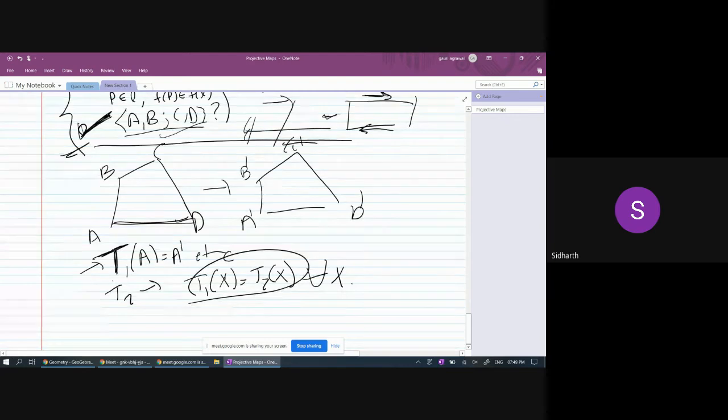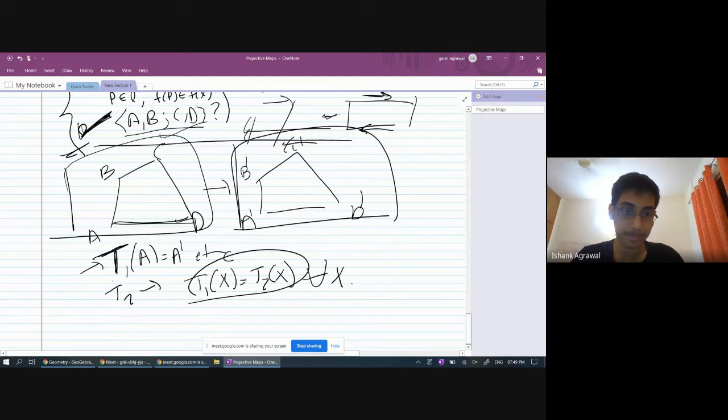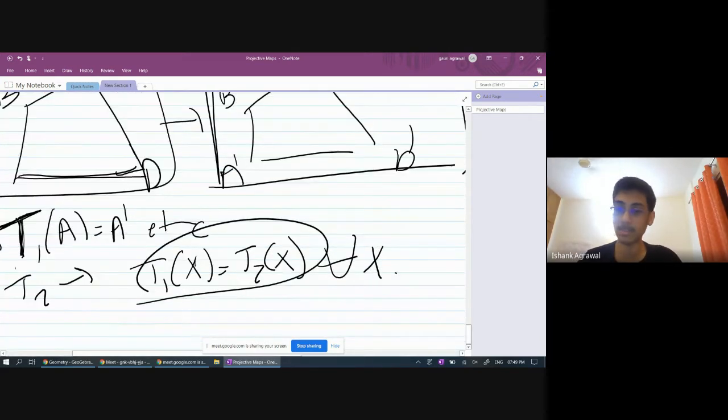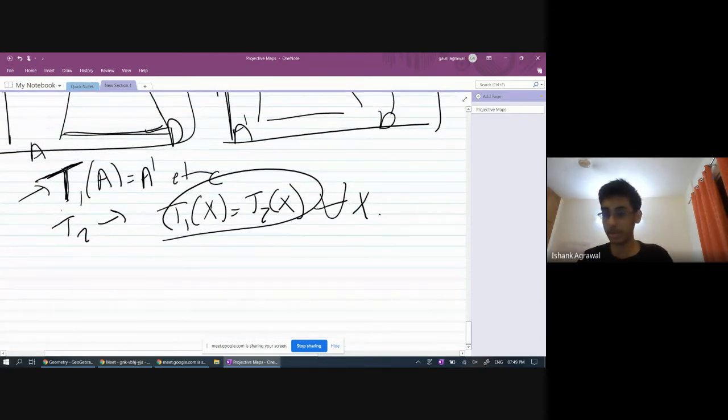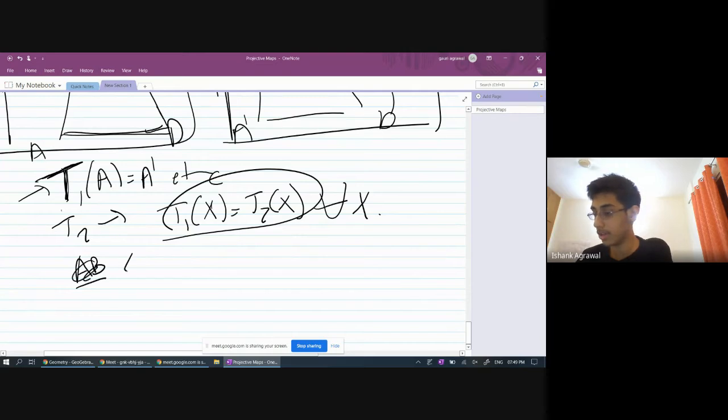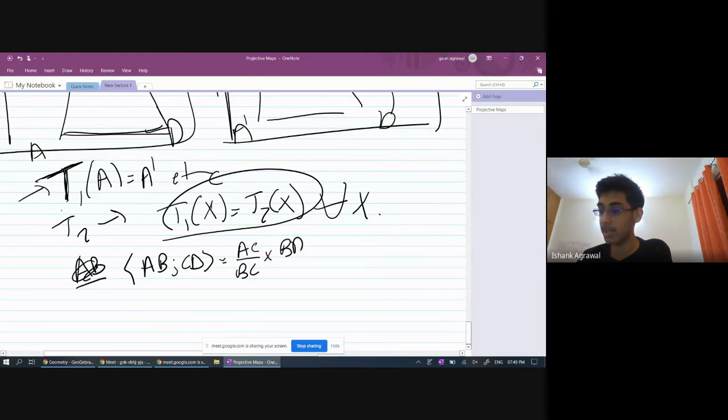Oh, okay. So this is one plane to another plane. T1 of X is equal to T2 of X. They are the same point. The cross ratio of AB, CD is AC by BC times BD by AD.